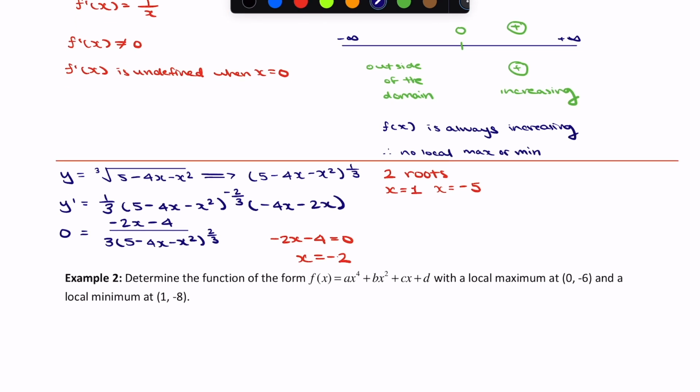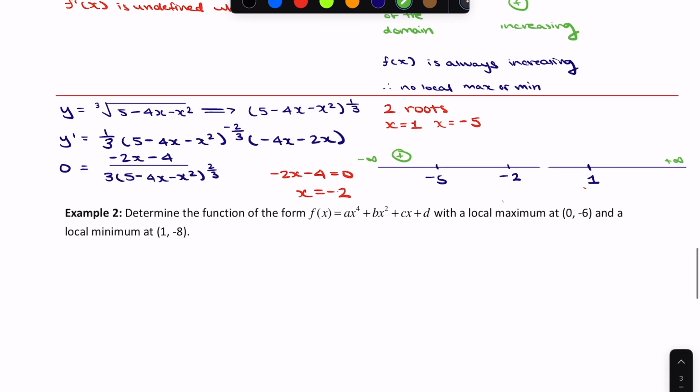So here, if we put it on a number line, we have a couple of points here: -5, -2, and 1. Here, if we look at our critical points of -5, -2, and 1, and we sub in a value, for example -6, we'll see that from negative infinity to -5, it will be increasing.